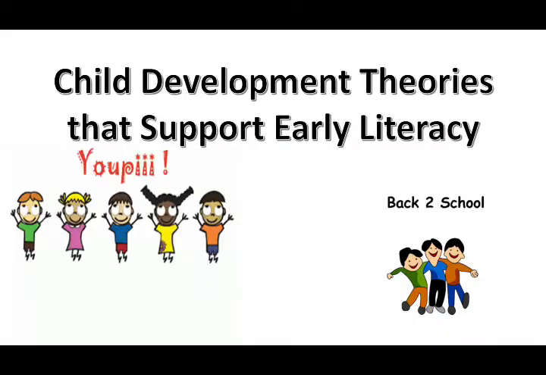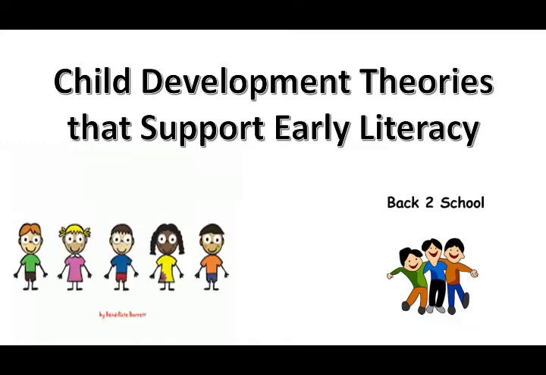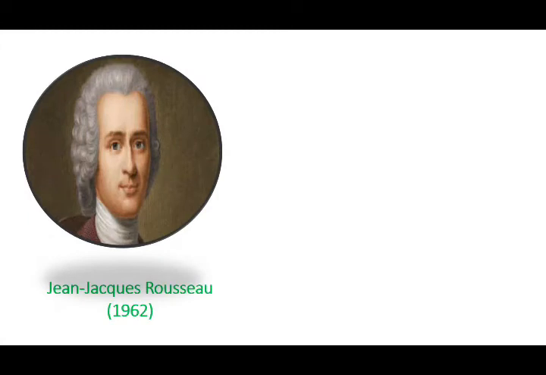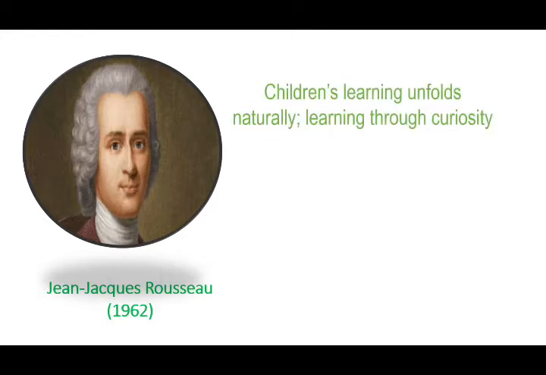At this juncture, let's proceed with the child development theories that support early literacy. The first one in the list is Jean-Jacques Rousseau. He emphasized that children's learning unfolds naturally. So, learning through curiosity.